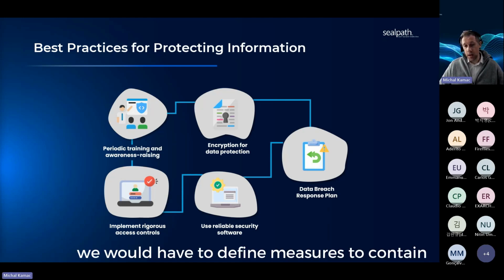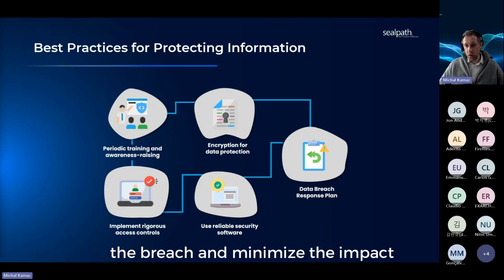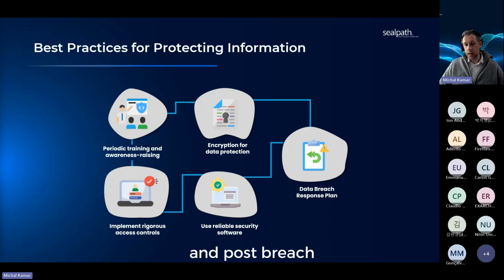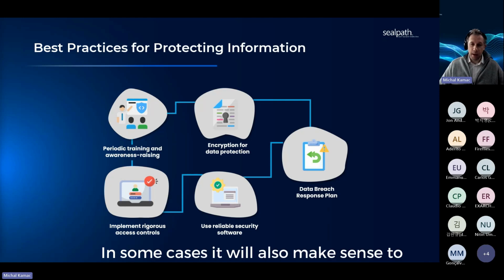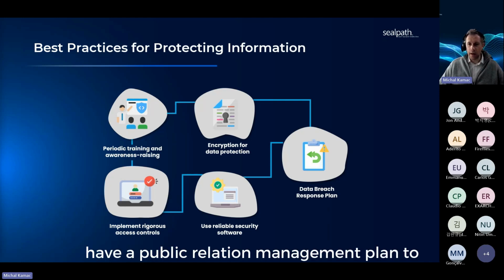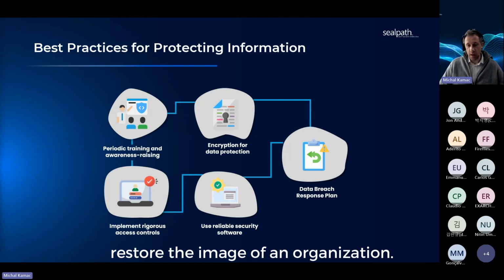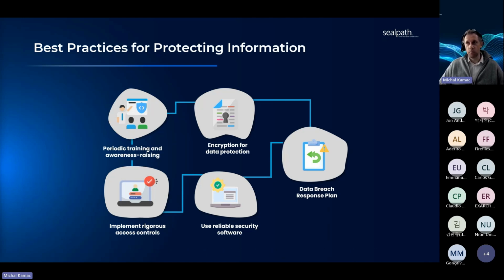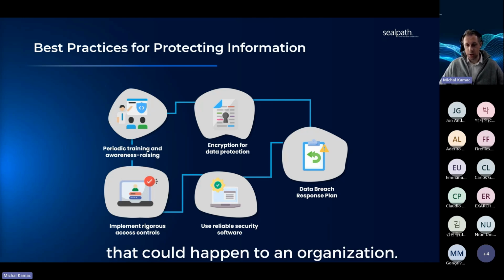Then we would have to define measures to contain the breach and minimize the impact, and a post-breach assessment to avoid this happening again. In some cases, it would also make sense to have a public relations management plan to restore the image of an organization in case of some kind of public breach that could happen to an organization.